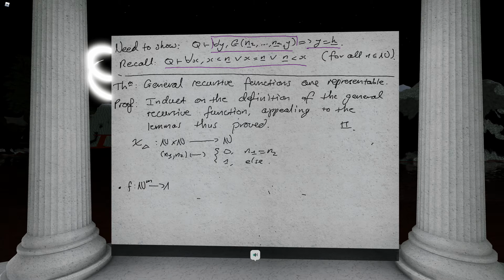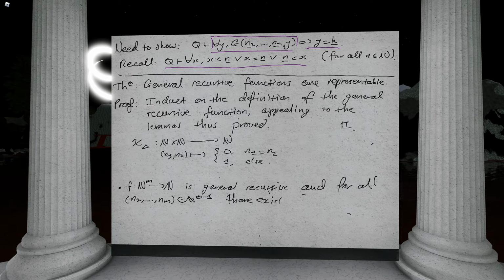If f from N^m to N is general recursive, and there's this vanishing condition, for all n2 up to nm in N^(m-1), there exists n1 in N such that f of n1 up to nm equals 0, then mu f is general recursive.